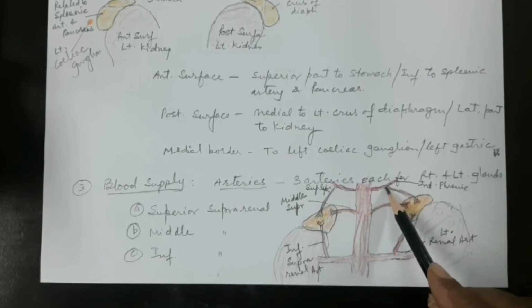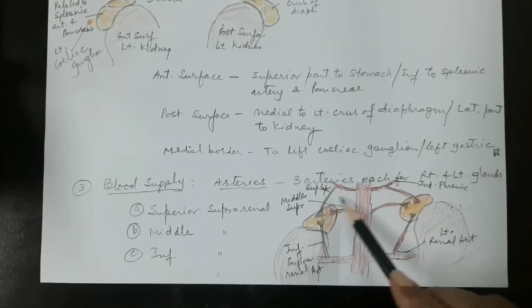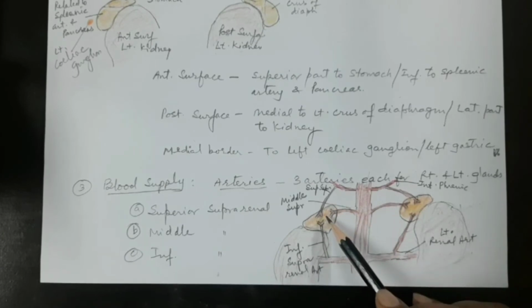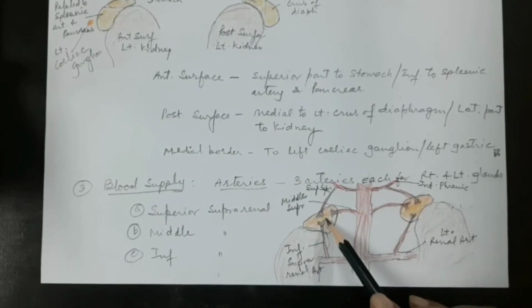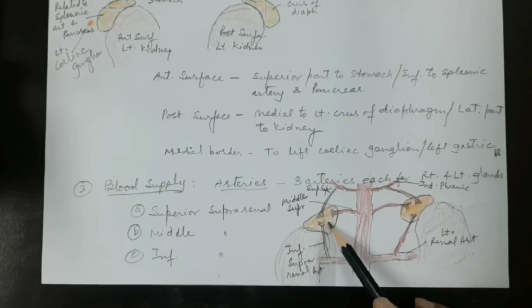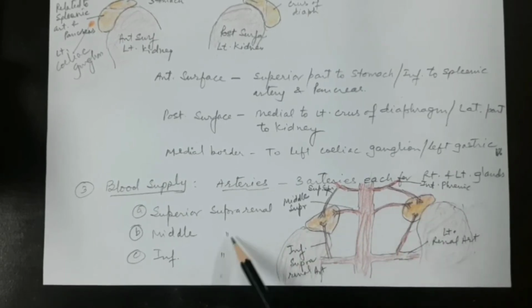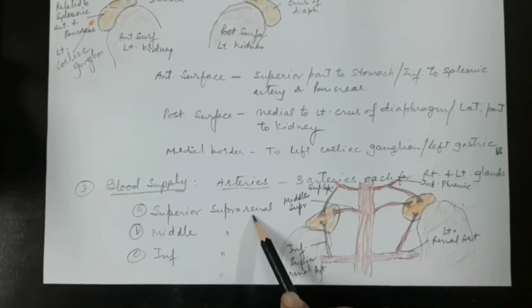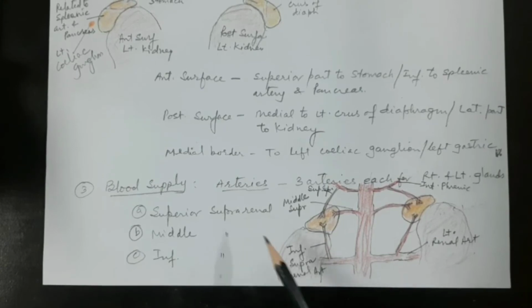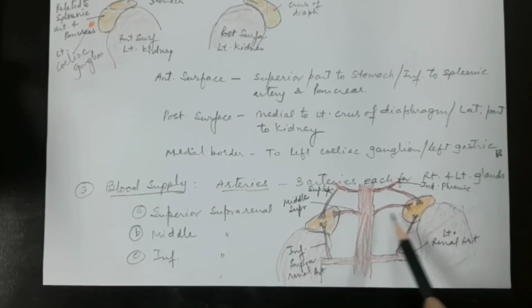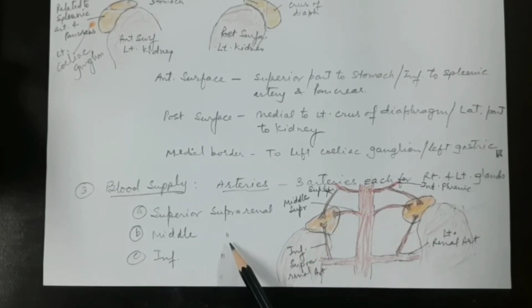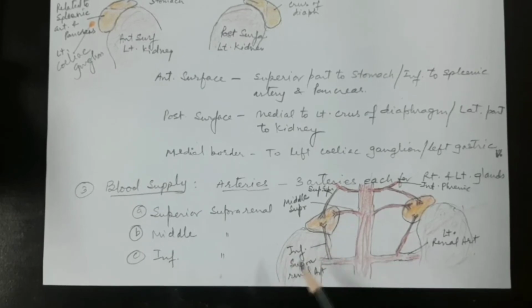This inferior phrenic artery gives a branch on the right side as well as the left side, which goes and supplies the suprarenal gland on both sides. Hence it is called the superior suprarenal. Then the direct branches from the aorta go directly towards the right and left suprarenal gland, and these branches are called the middle suprarenal artery.